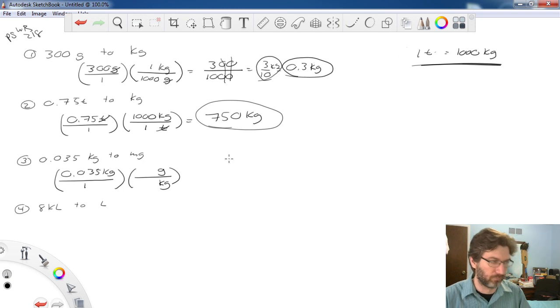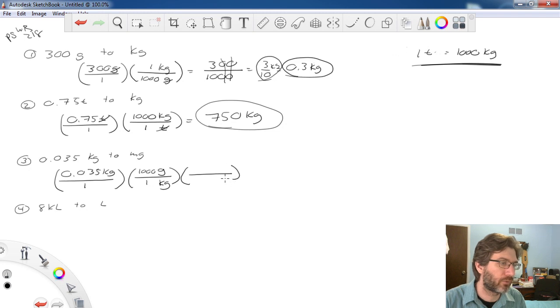So we take that to grams, and it tells you that there are 1,000 grams in 1 kilogram. If we stopped there, our answer would be in grams, which we don't want. So we need to get rid of grams. Grams is on top here, so we're going to get rid of it on the bottom here. You'll note kilograms are going to cancel, and now grams will cancel.